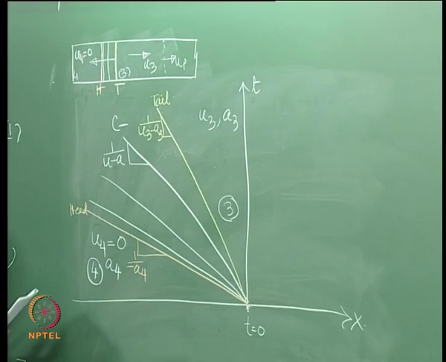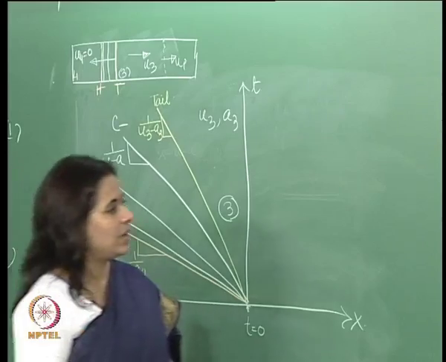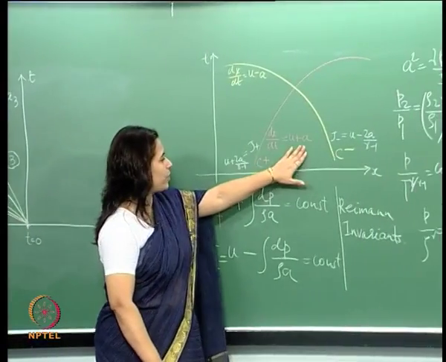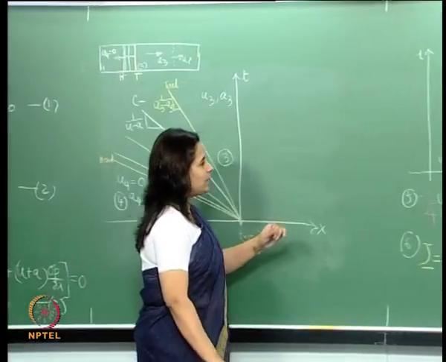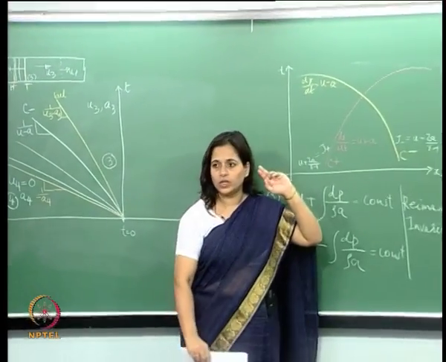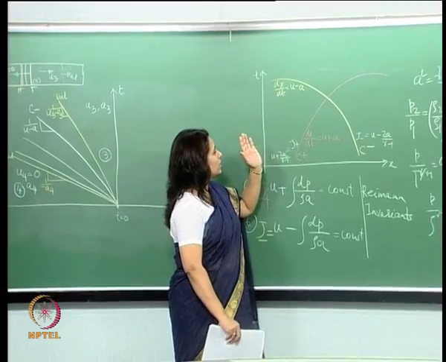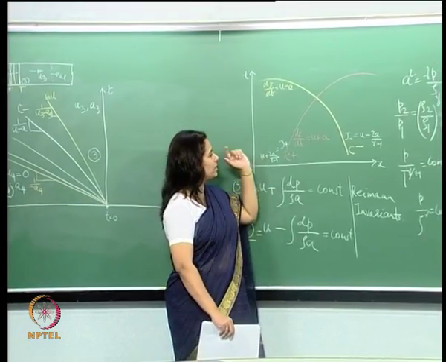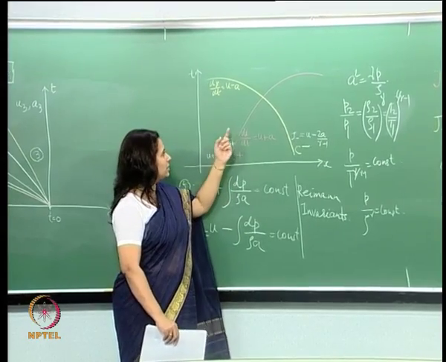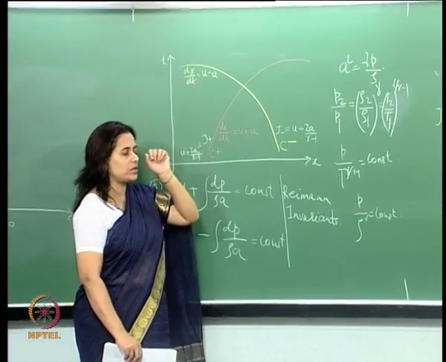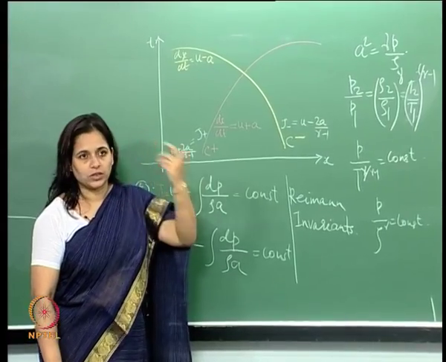Now, the question to ask is, what is the difference between this plot and this plot? When I said the solution to the governing equations or the compatibility equations lie on lines, we did not specify whether this has to be a curve or a straight line.